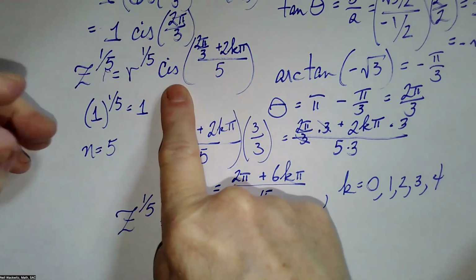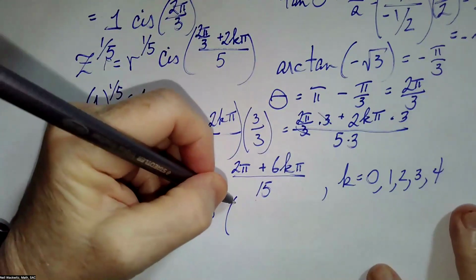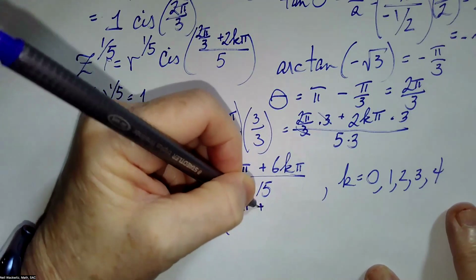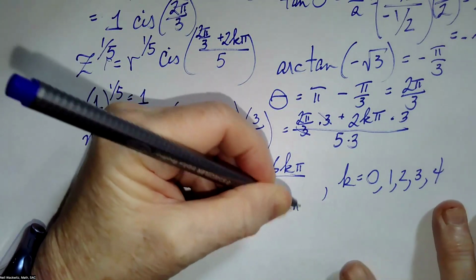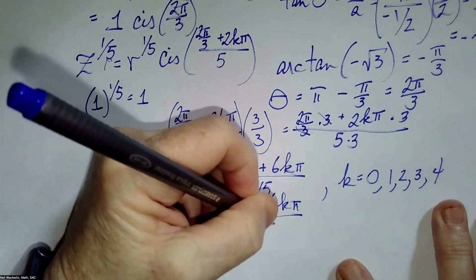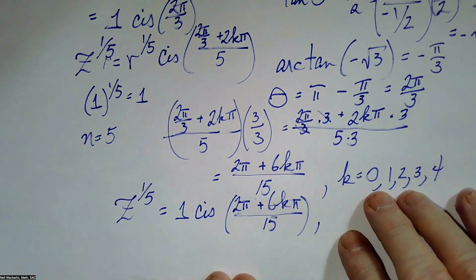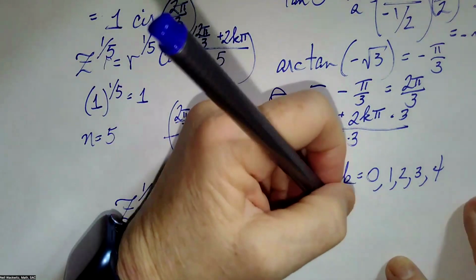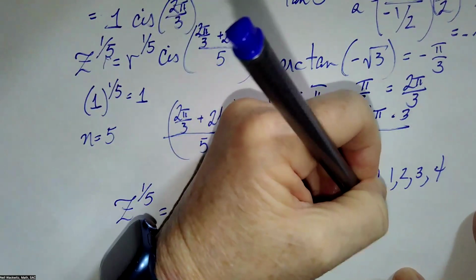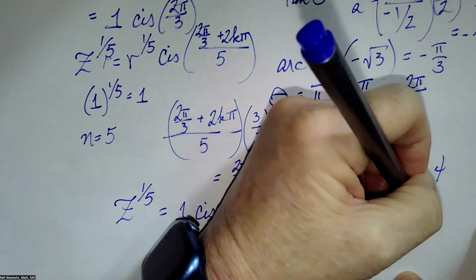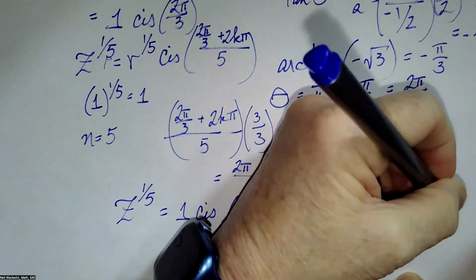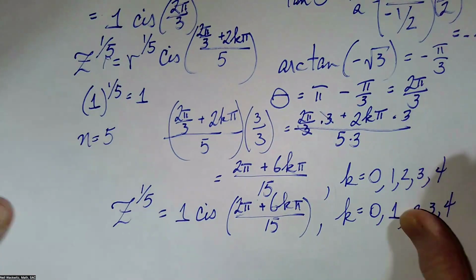And then we've got cis of 2 pi plus 6k pi all over 15, where k is 0, 1, 2, 3, and 4. And now we just write them up.